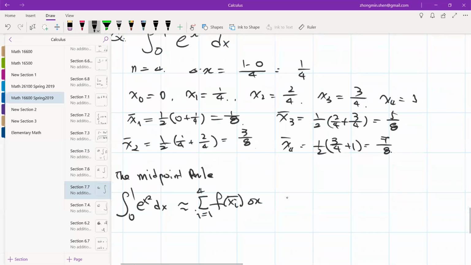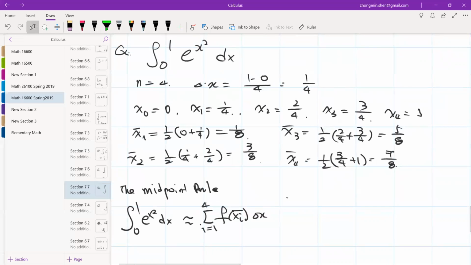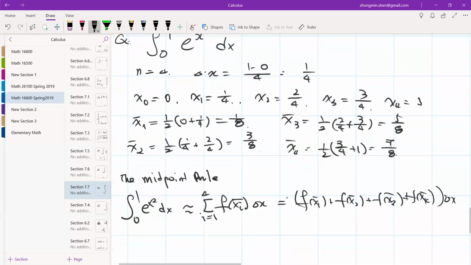So don't put f there. You have to use a specific number. The first step, you have to write down f of x1 bar, f of x2 bar, f of x3 bar, f of x4 bar, and then delta x. Then you have to put the details there.